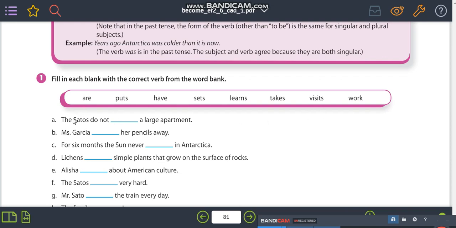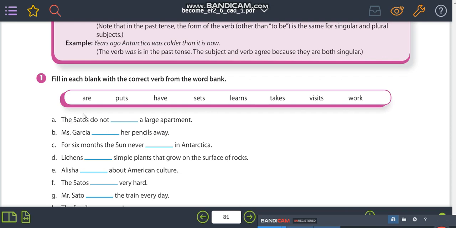So remember that the first thing that we have to do when we do an exercise, when we are doing a sentence in the present simple, is taking a look at our subject. Remember, subject is the person that is doing the actions in my sentence. So, for example, letter A, the Satos do not a large apartment.